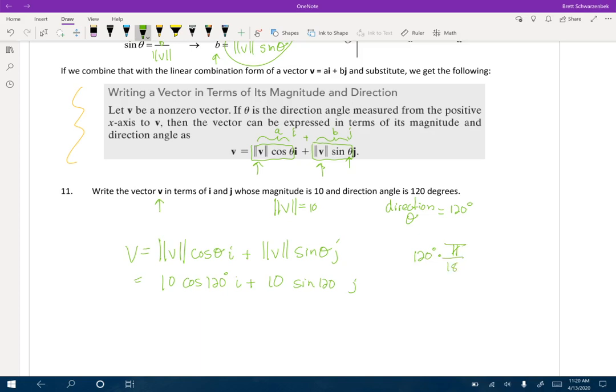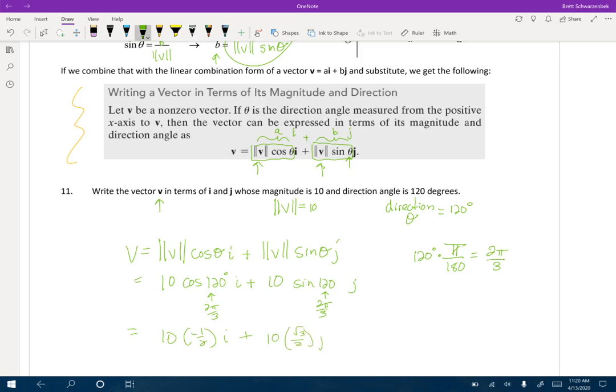And reducing, this is going to be 2 pi over 3. So technically, each one of these is actually 2 pi over 3, which means you can find exact answers for these. And if you did that, you would get 10 cosine of 2 pi over 3 is negative 1/2 times i. And the sine of 2 pi over 3 is root 3 over 2 times j.